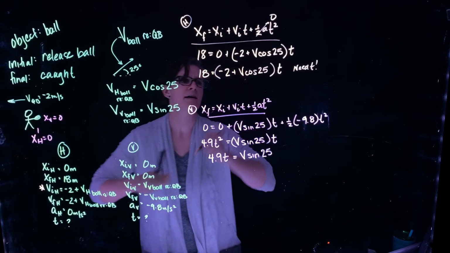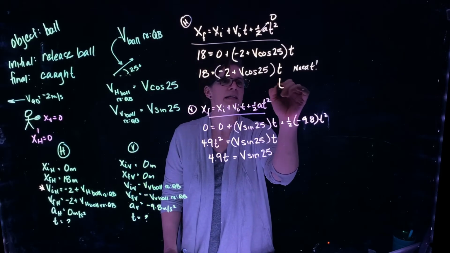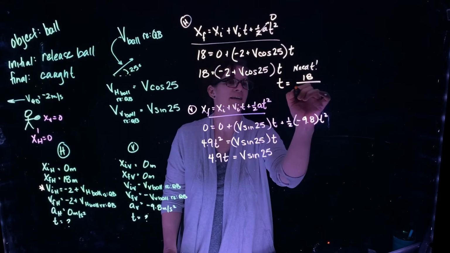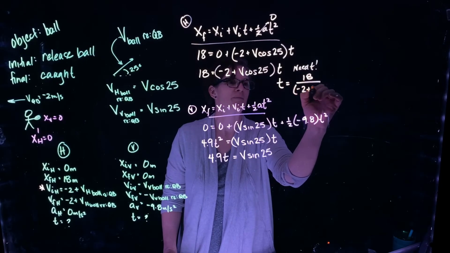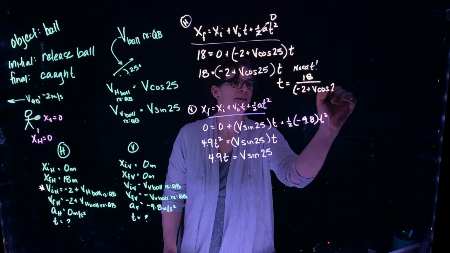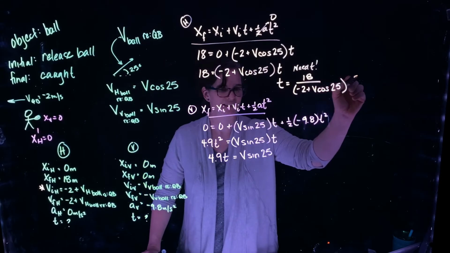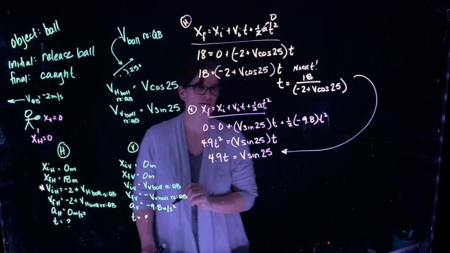So I'm going to solve for t here. T is equal to 18 divided by negative 2 plus v times the cosine of 25. All right, I'm going to plug that in to this equation.